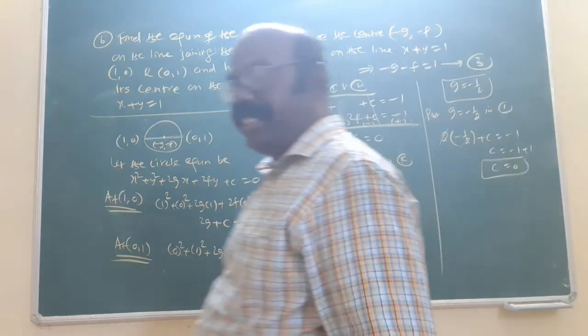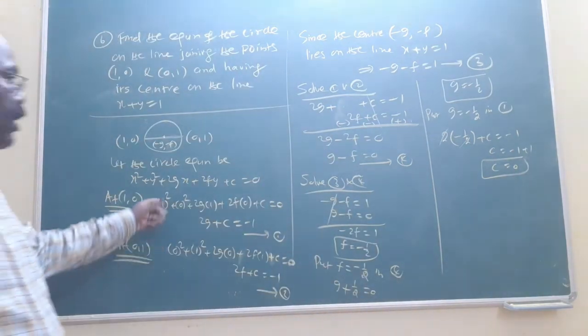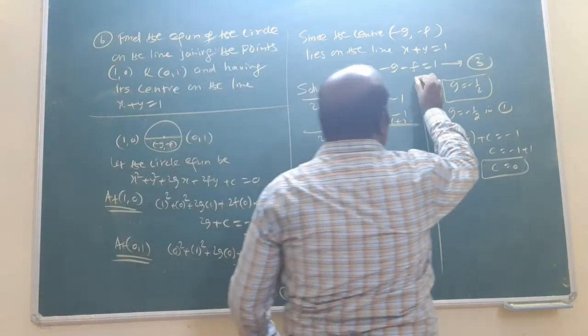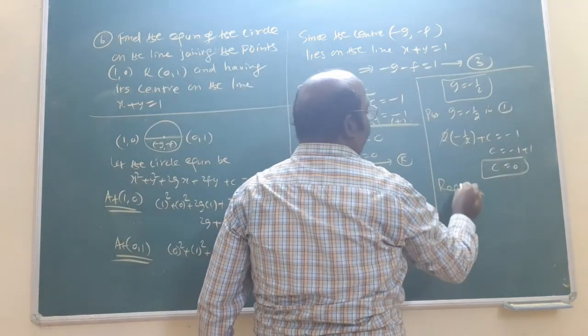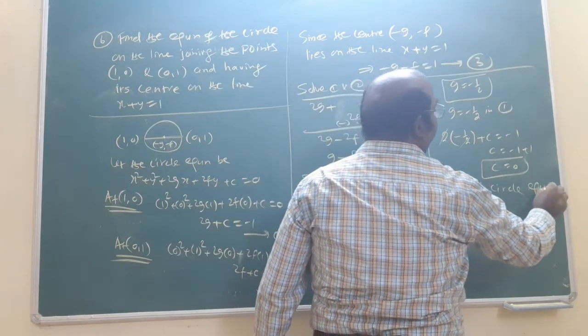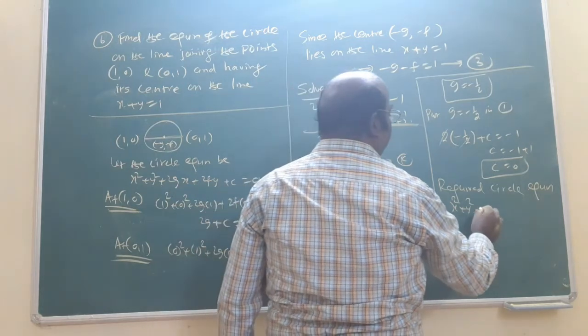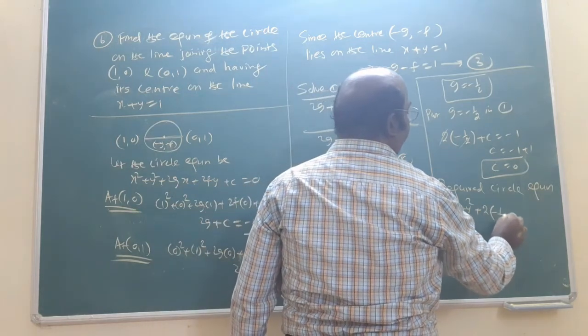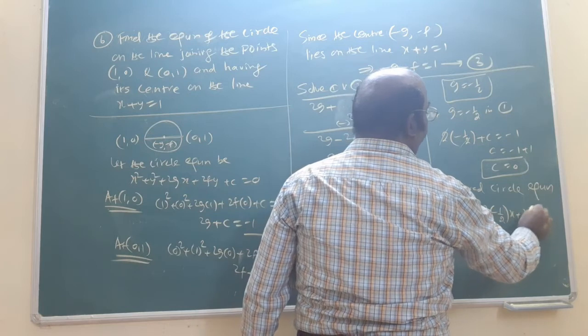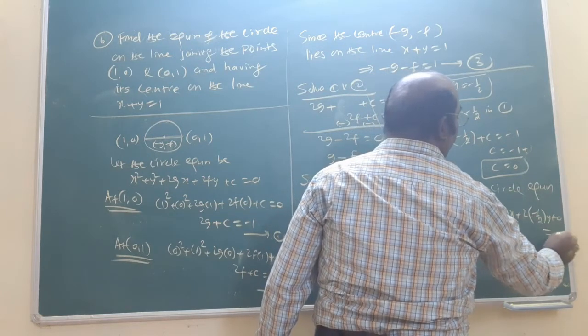Therefore, substitute all the values in the given equation, that is the answer. The required circle equation is x square plus y square plus 2 into minus 1 by 2 x, plus 2 into minus 1 by 2 y, plus 0 equal to 0.